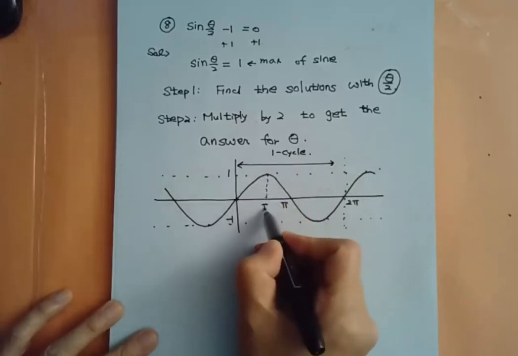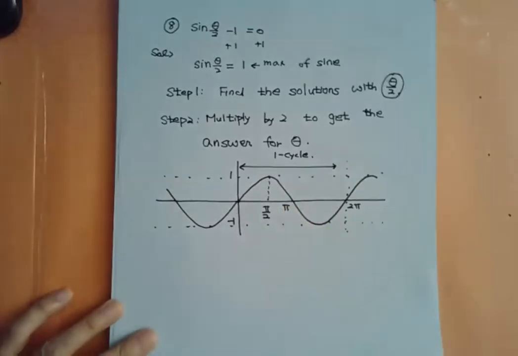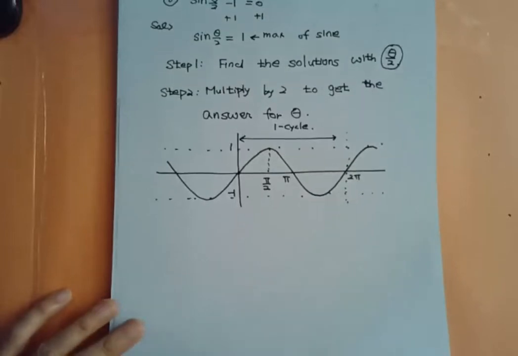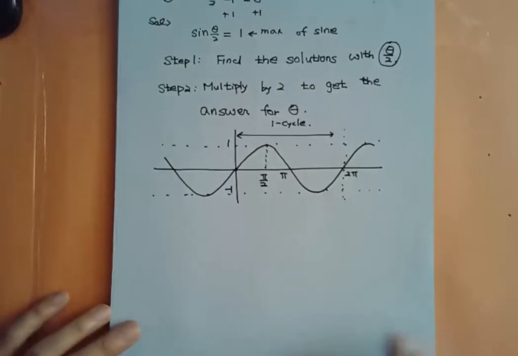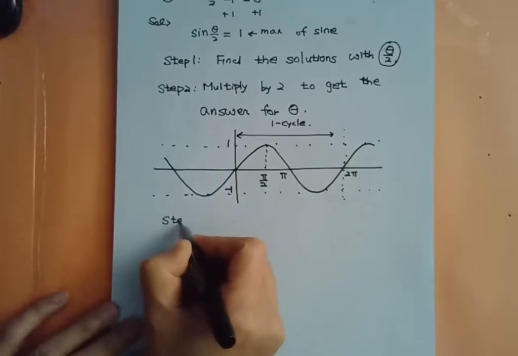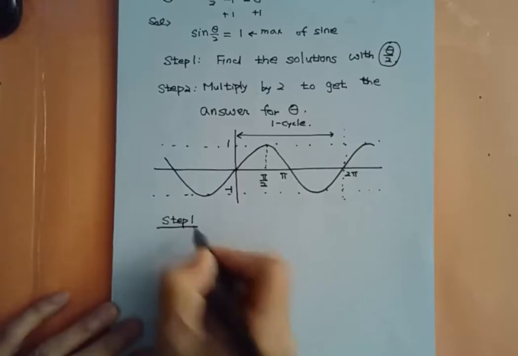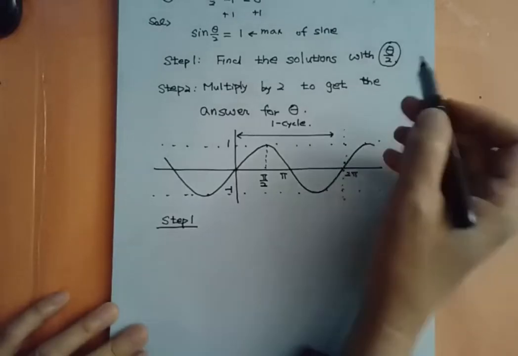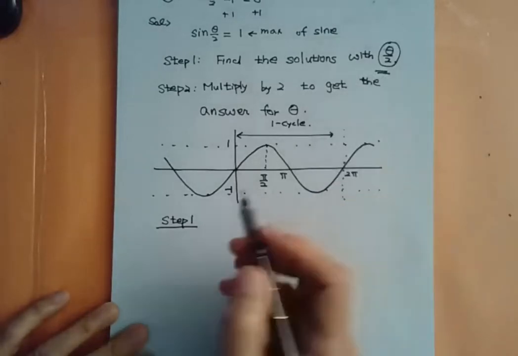The only time sine value becomes 1 is when that is pi over 2. So in the first step, we have to find the solution with theta over 2.